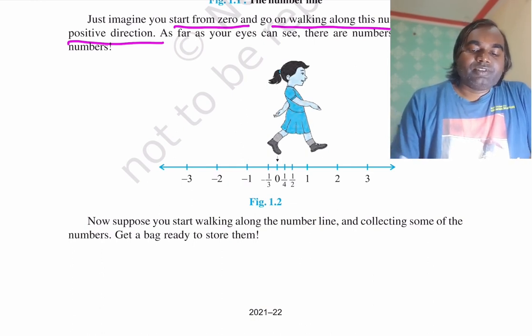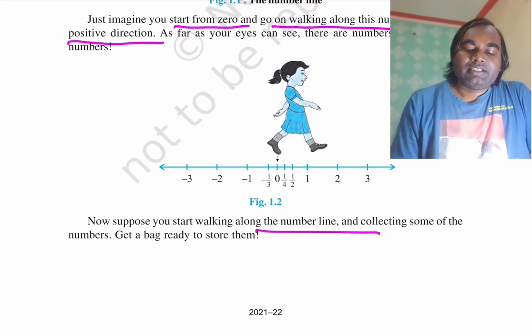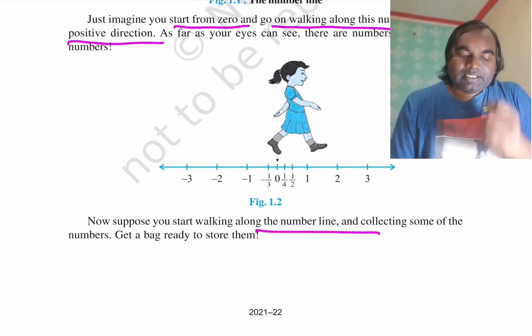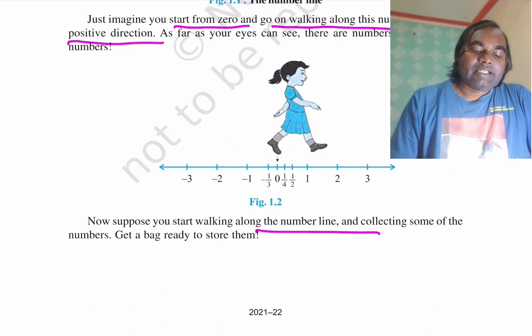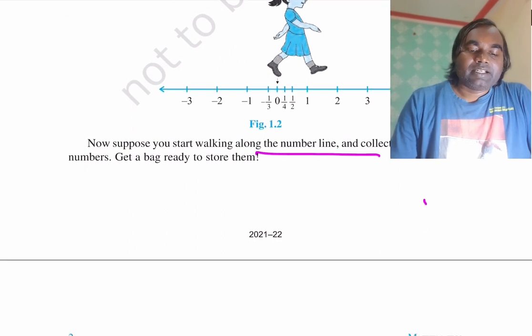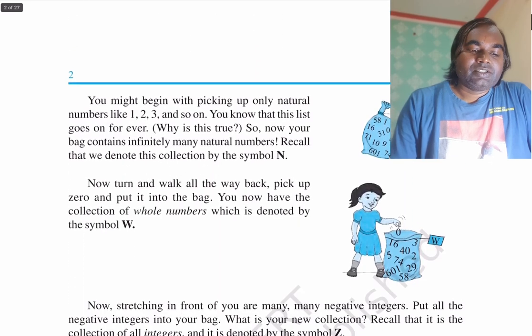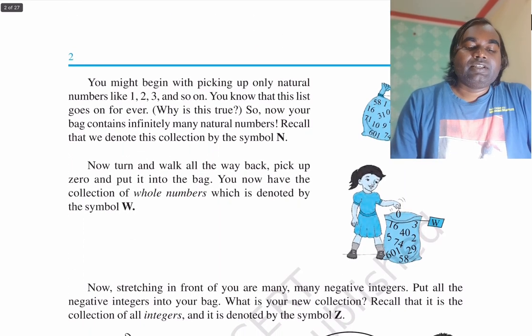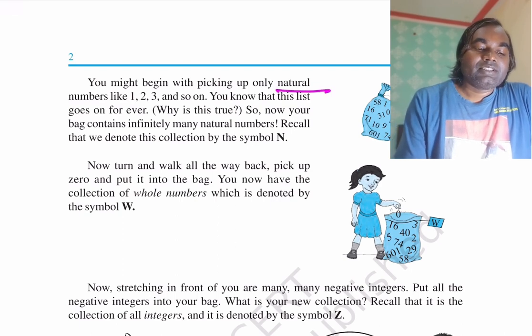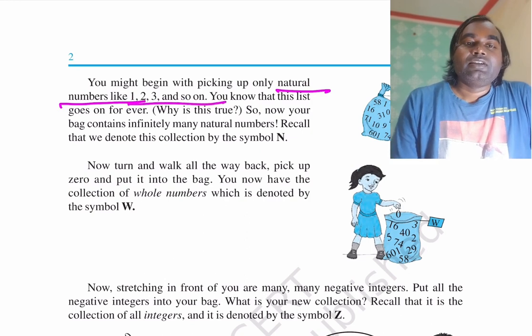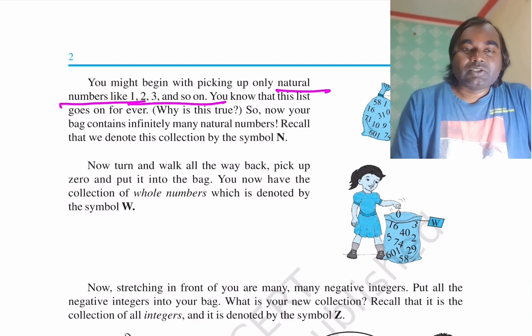So as we move along the number line, we want to collect some numbers. For that, let's take a bag and we will store these numbers one by one. Firstly, we'll study the natural numbers. Natural numbers start from 1 and go on 1, 2, 3, 4, 5, 6 and so on up to infinity.